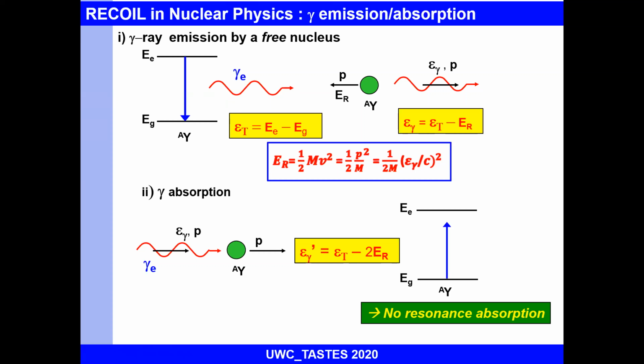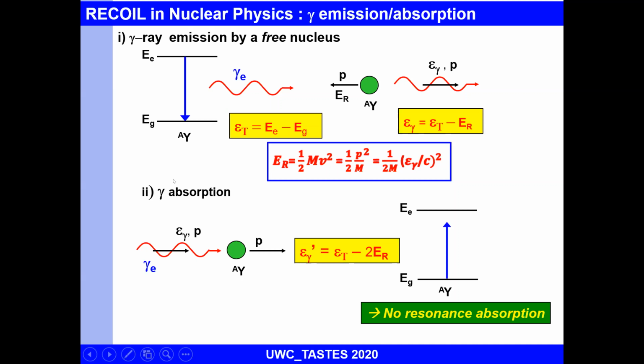So the energy that the gamma ray takes away is the transition energy less the recoil energy, okay? And this recoil energy is given by this simple equation: ER is equal to 1 upon 2m times E gamma over c squared.